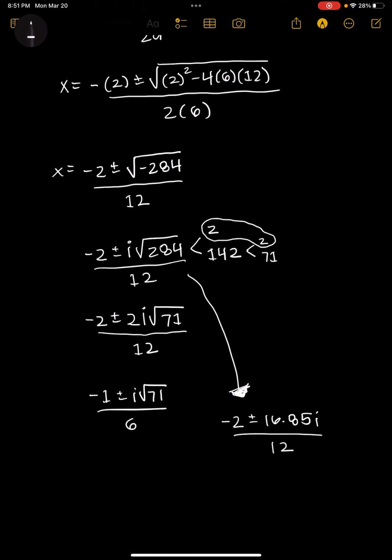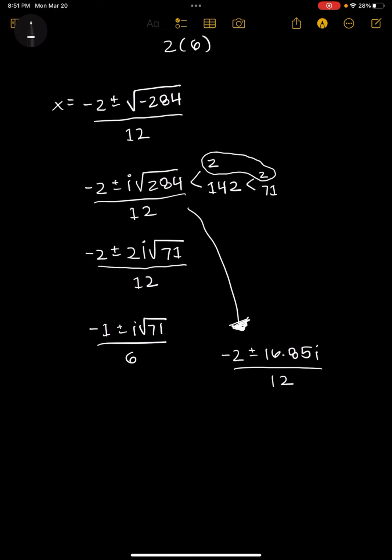And then I can divide each chunk by 12. So negative 2 divided by 12 gives me 1/6, which is 0.167. And then it would be plus or minus the 16.85 divided by 12, which gives me 1.40. And then that has to have an i on it. We can't combine those because one has an i on it and one doesn't.